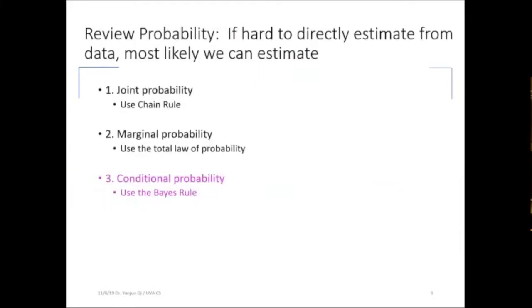It's hard to estimate P(C | x) directly from data, because it's a conditional probability, so we use Bayes rule to estimate it from P(x | C).